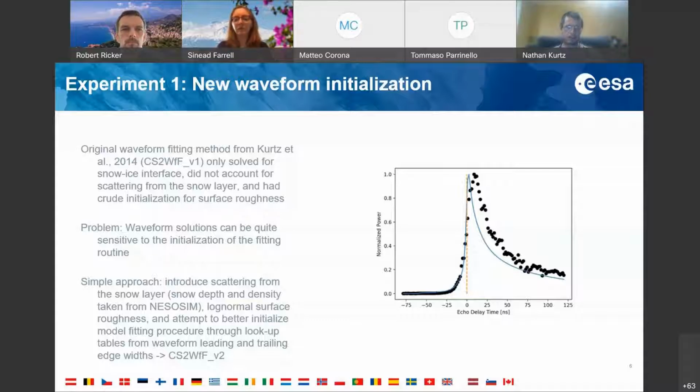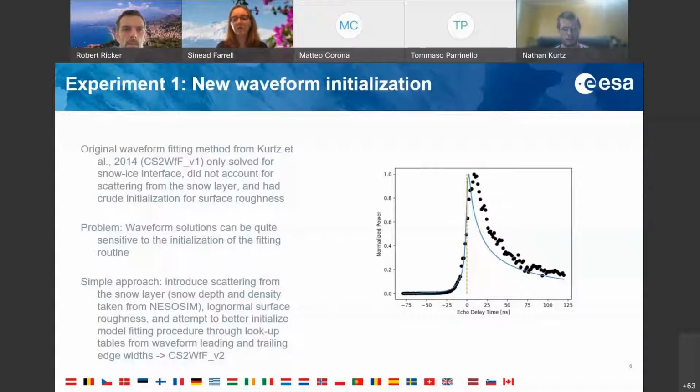So what we want to do is initialize it as close as we can using information that's actually contained in the waveform. For this kind of experiment, we took a simple approach and introduced scattering from the snow layer, taking snow depth and density data from the NESOSIM snow model.